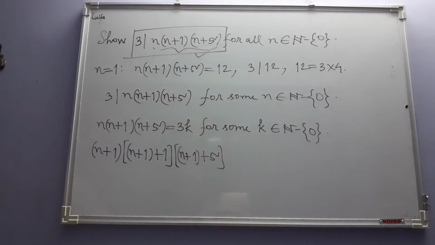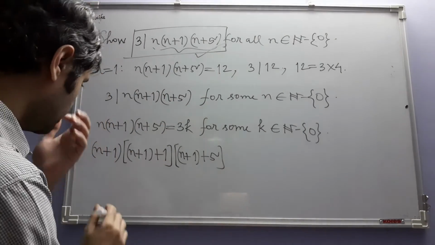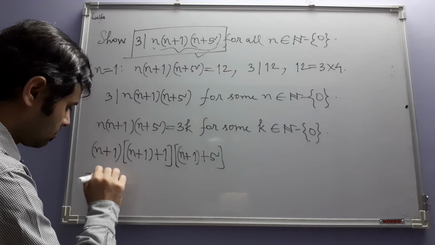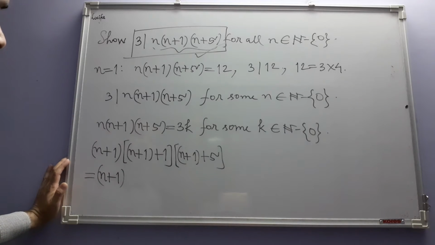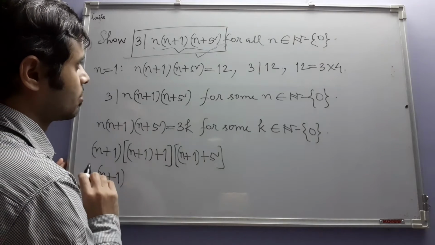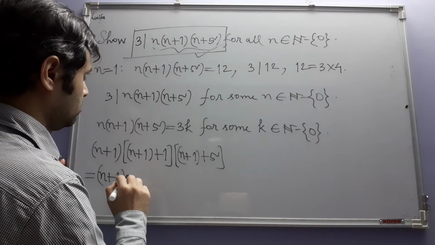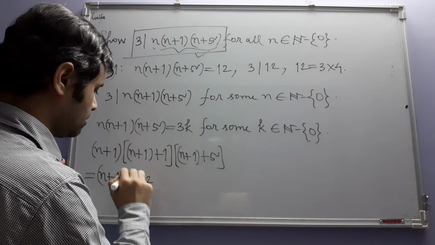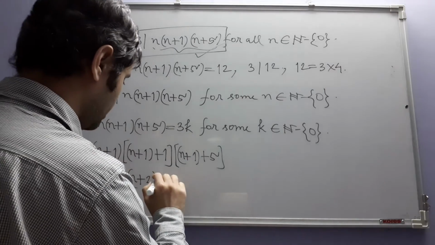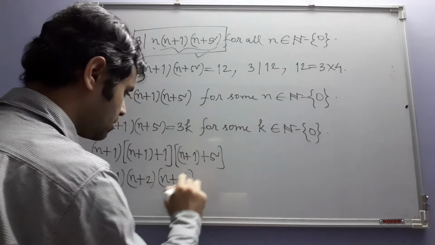We have to show that this is also divisible by 3. So let us try to simplify the situation. n plus 1, then we have n plus 2, and we have n plus 6.